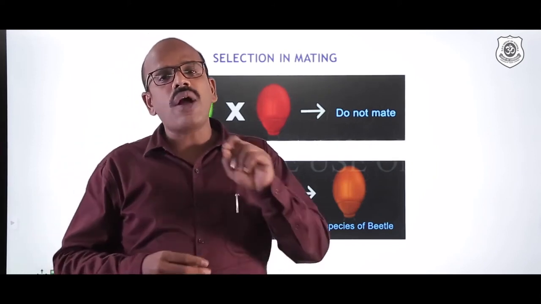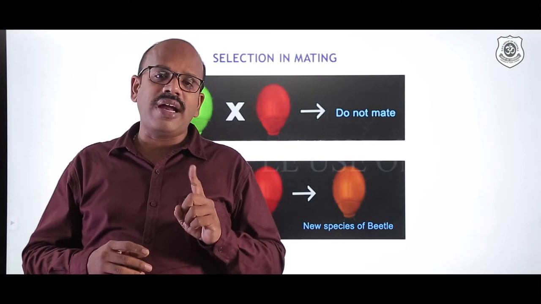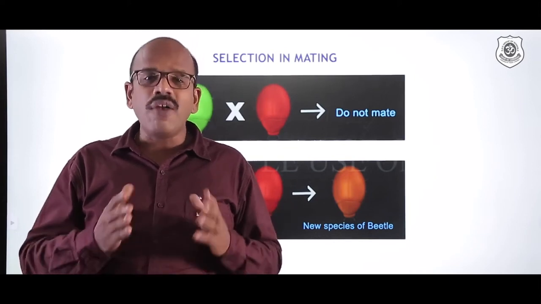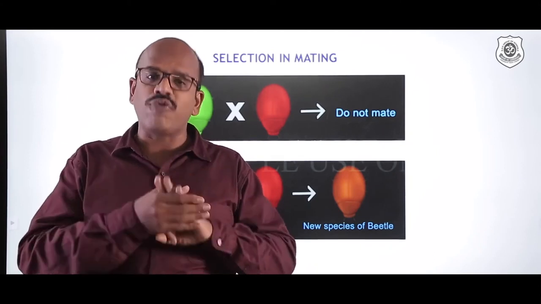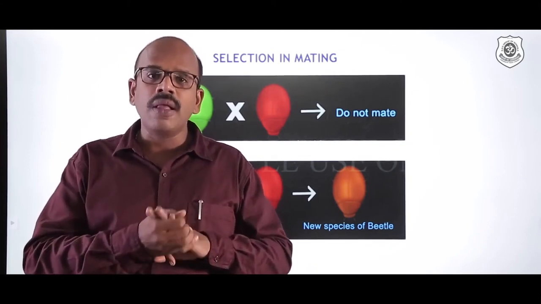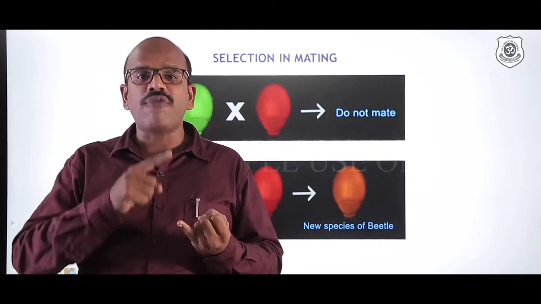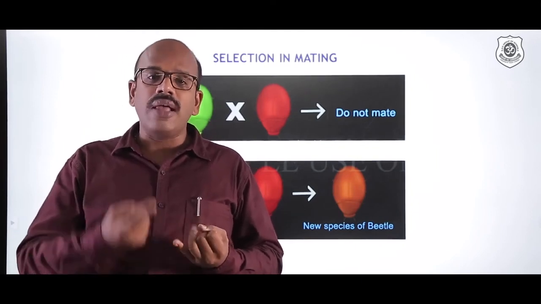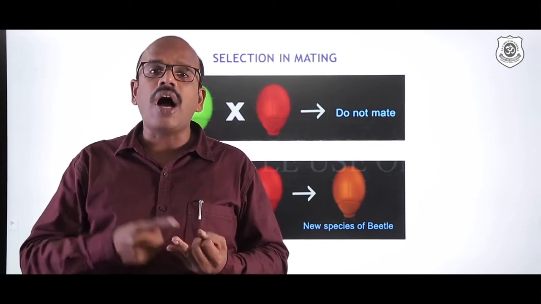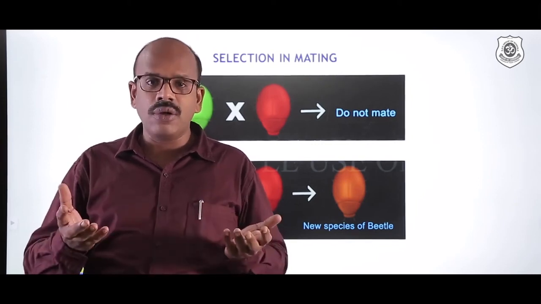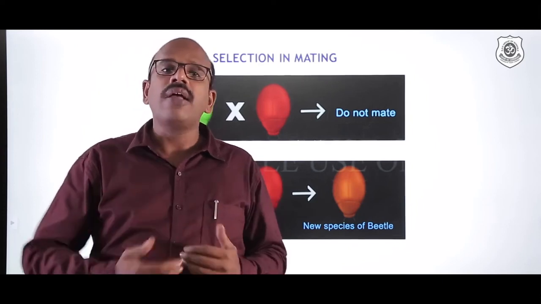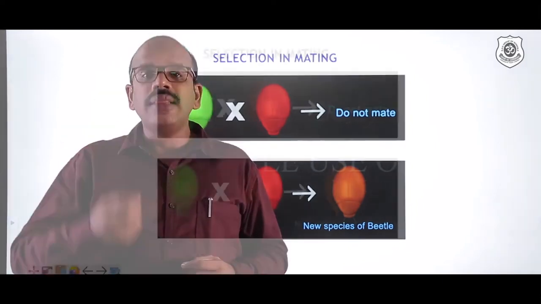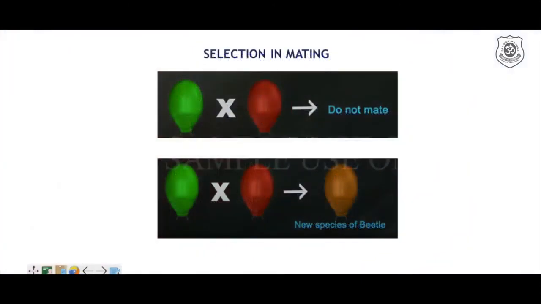So, if you ask, sir, is any one criterion sufficient? Always, children, it is better to see that all these three criteria are fulfilled. What are they? They have a different number of chromosomes, they are reproductively isolated, and morphologically they are different. Once all these three culminate, then a new species arises. This formation of new species is called speciation.